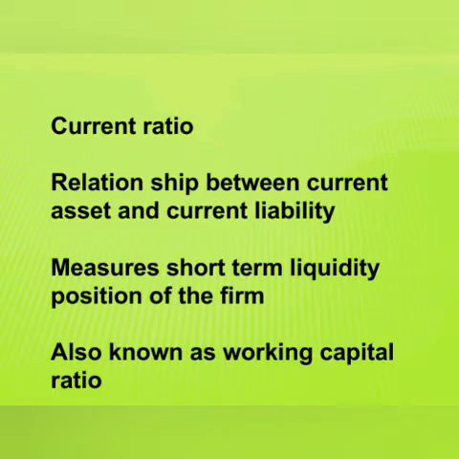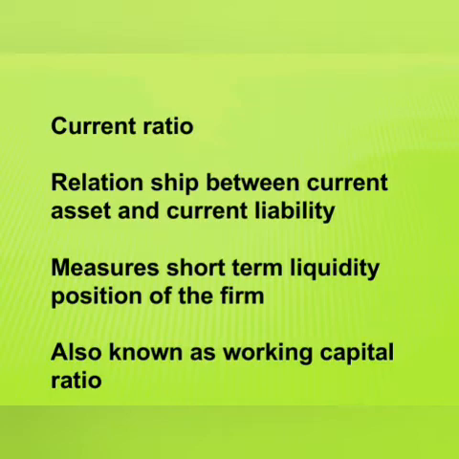Current assets are those assets which are easily converted into cash within a short period of time. Then current liabilities are obligations which are payable within a short period of time, generally 1 year. Then components of current ratio. Current assets and current liabilities are the components of current ratio.